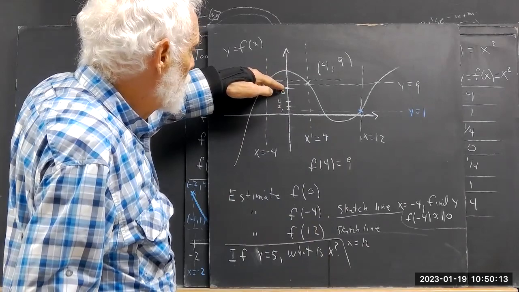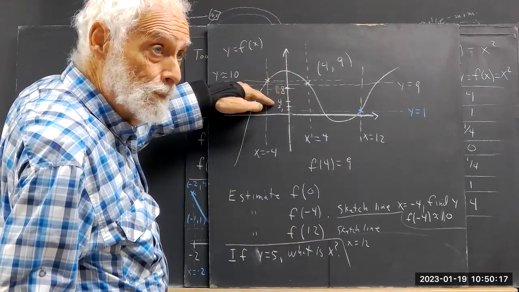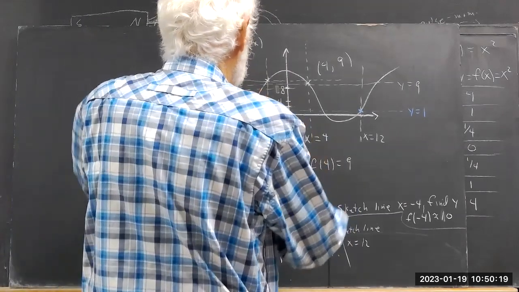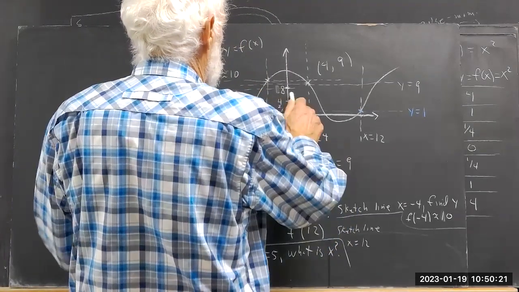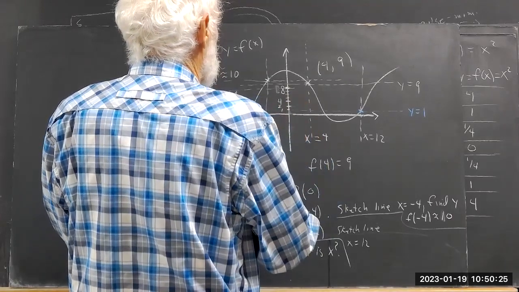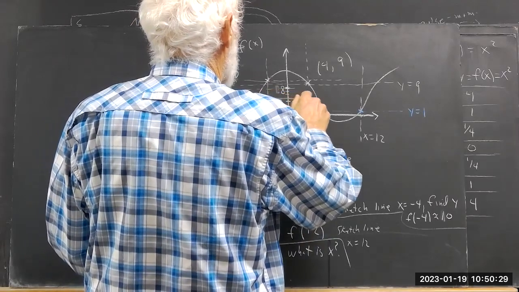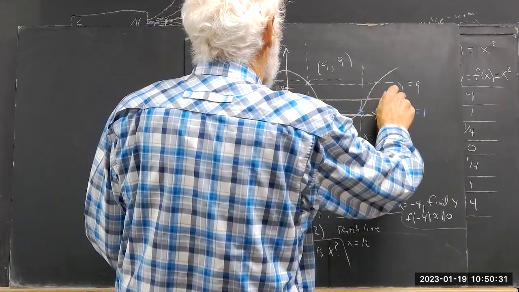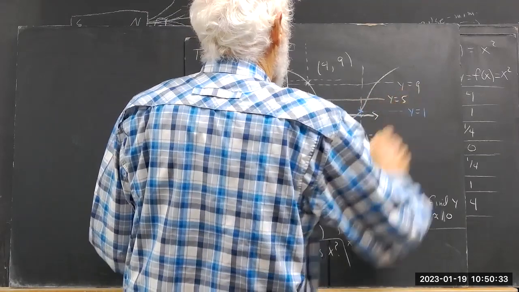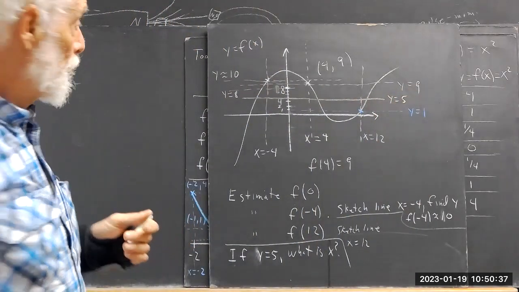We divided the interval from 0 to 8 in half, we got y equals 4 here. So y equals 5, well, we could actually scale the graph, divide things up. Say, okay, y equals 5. Maybe here.